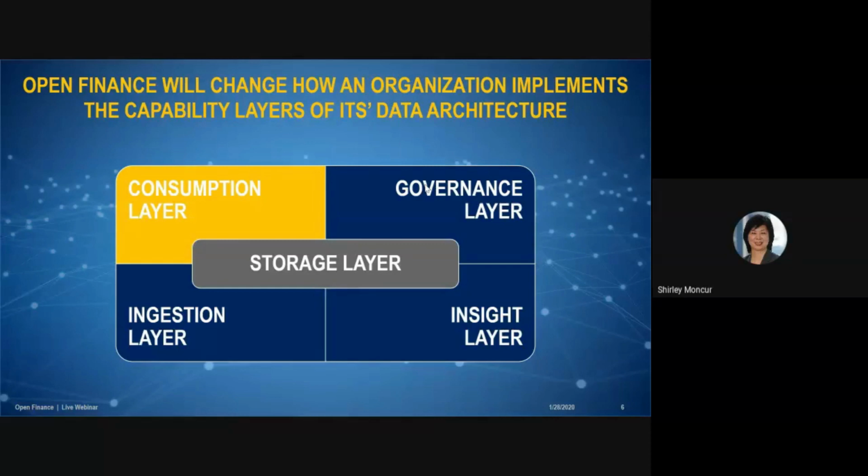With open banking, expect an increase of data-enabled applications, but success will be contingent on your organization's ability to ensure responsive access to trusted, and I underline that word trusted, high quality data.